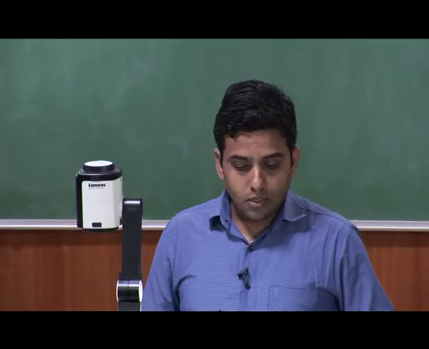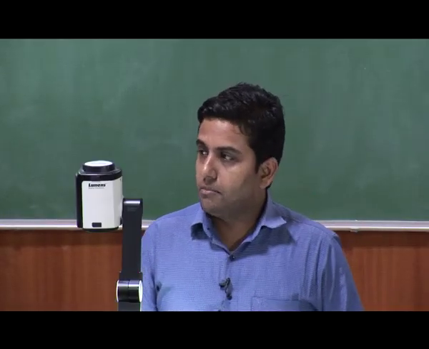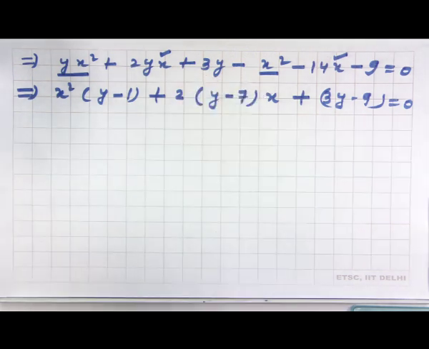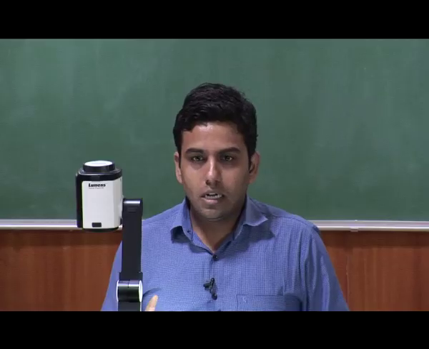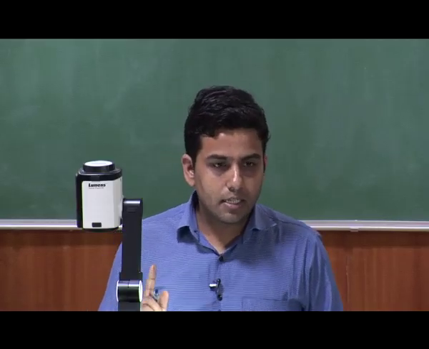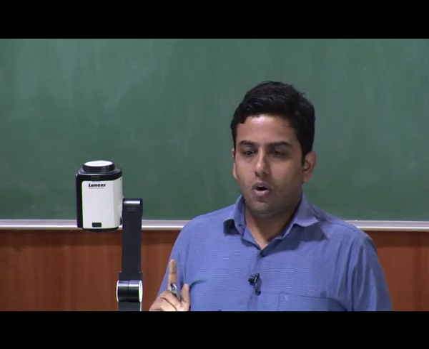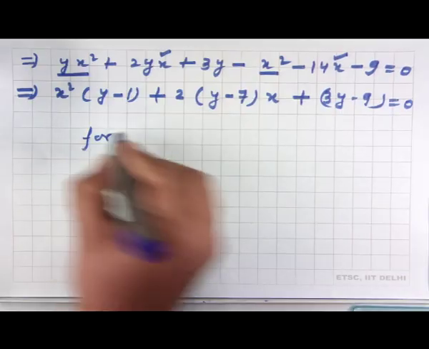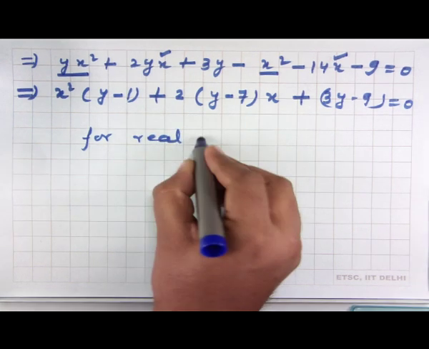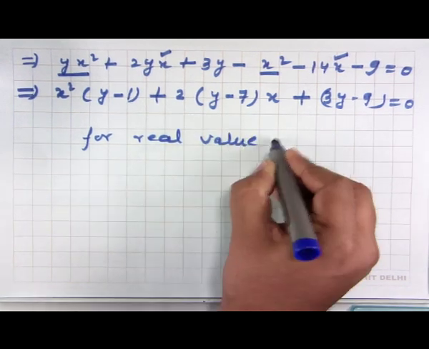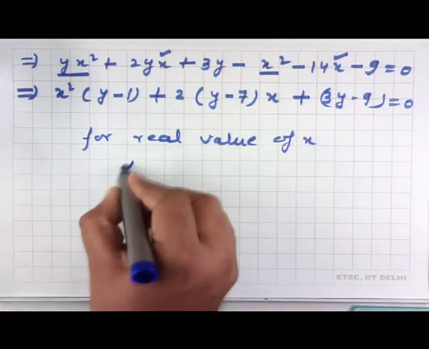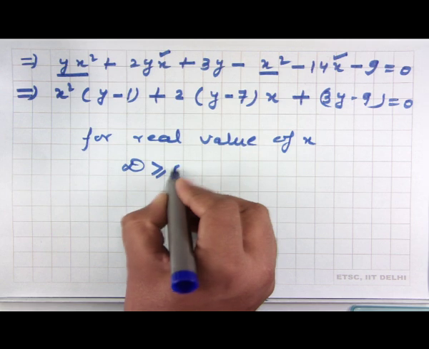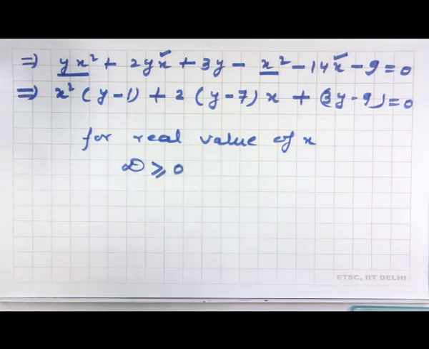Because the roots of this equation will be real, roots will be real in two conditions: either the discriminant is greater than 0 or the discriminant is 0. For real values of x, the discriminant must be greater than or equal to 0.